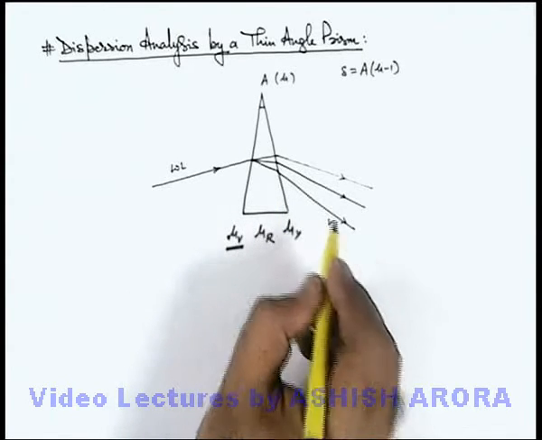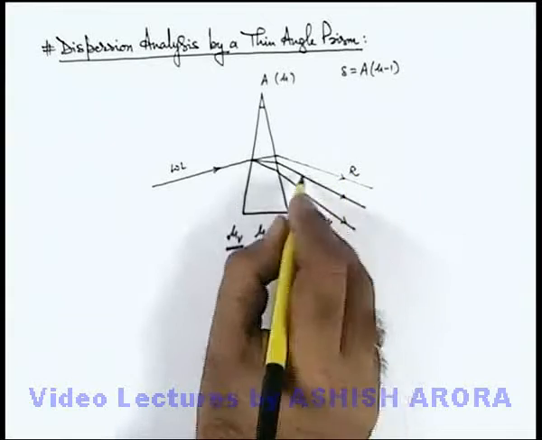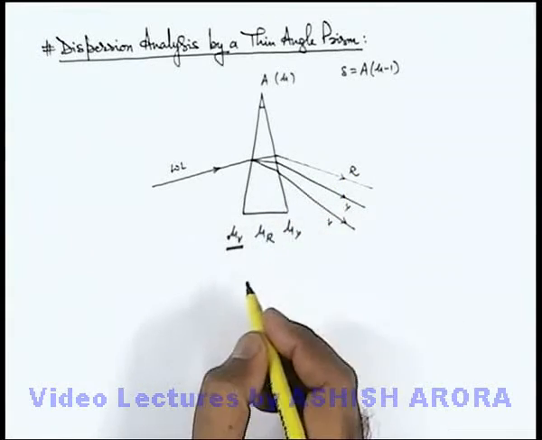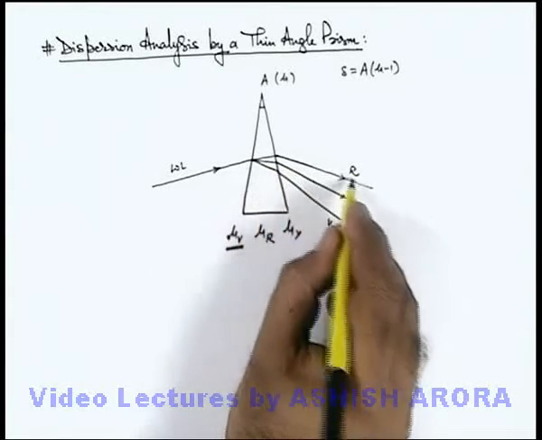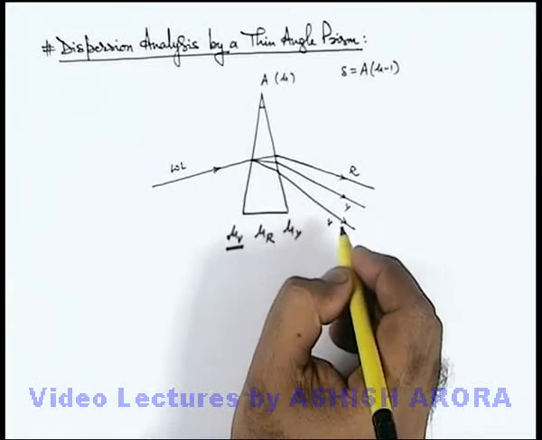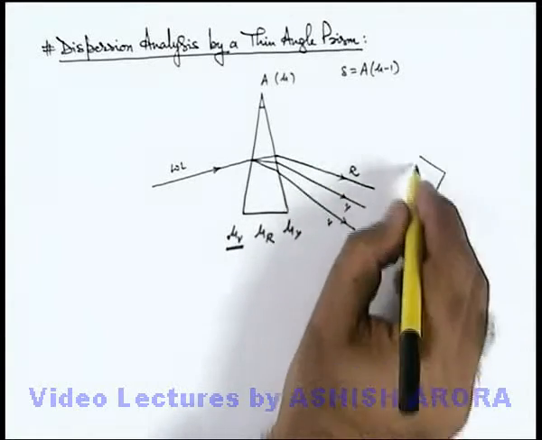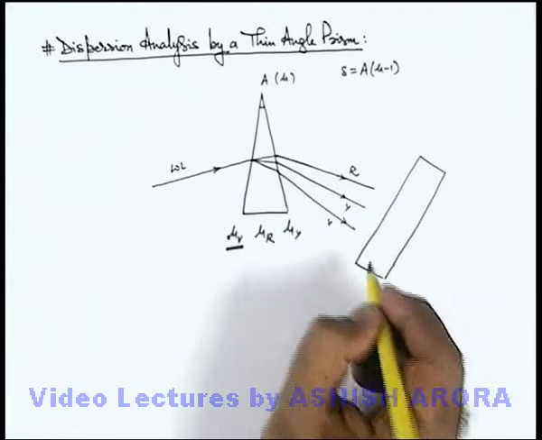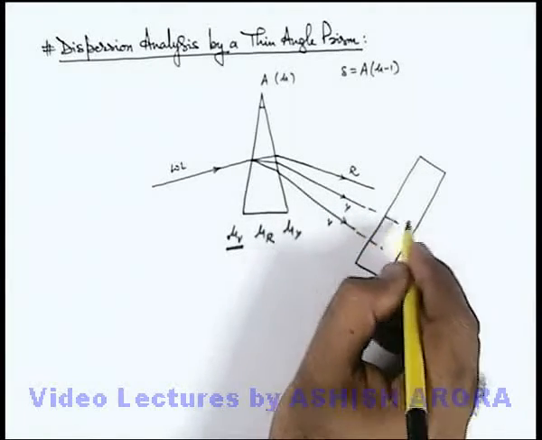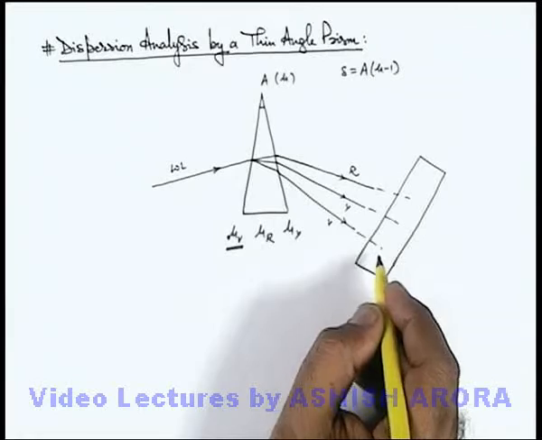So this will be violet, this will be red, and the mean path we consider to be followed by the yellow color. If in front of this diverging beam we place a screen, as we already studied, it produces a spectrum on the screen.